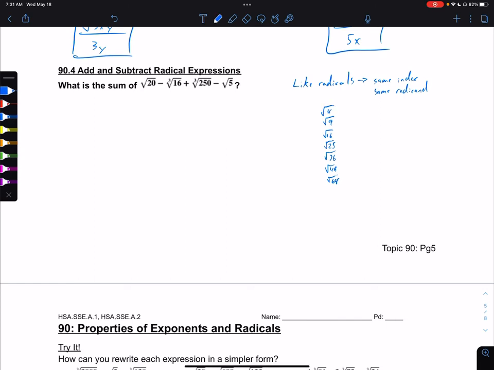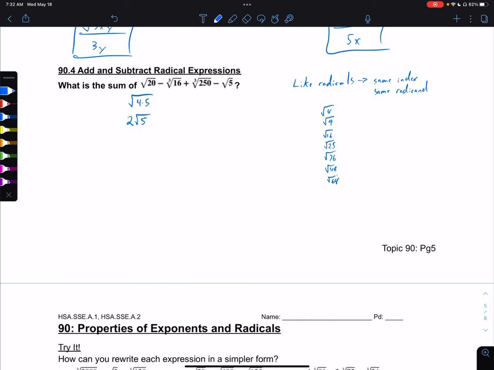So take your square root of 20 and we're going to break that up into 4 times 5. That 4 times 5 can then be reduced. We can take the square root of 4, which is 2, and then the square root of 5 stays on the inside. Now notice that that matches up with that one in terms of the index and the radicand. So eventually we'll be able to put those together.